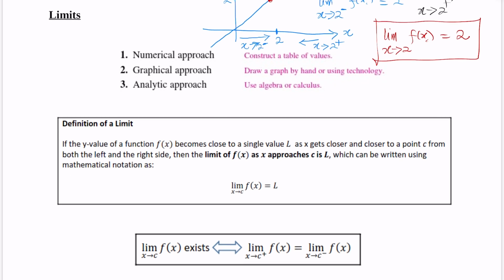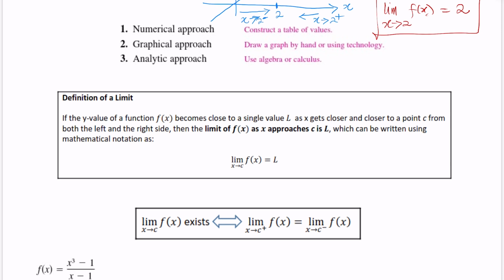So someone will ask, when does a limit exist? A limit exists when the left-sided limit is equal to the right-sided limit. So if these two limits are equal, then we say that the limit exists. And that is what is explained here.